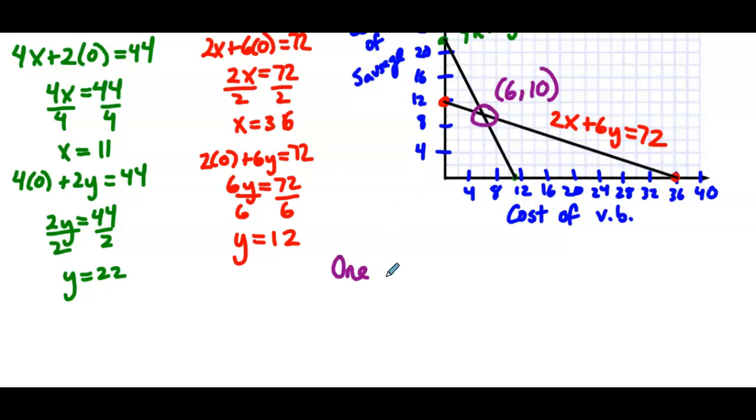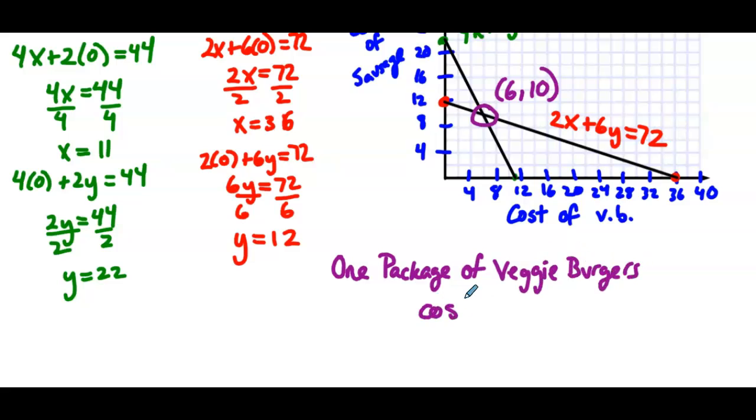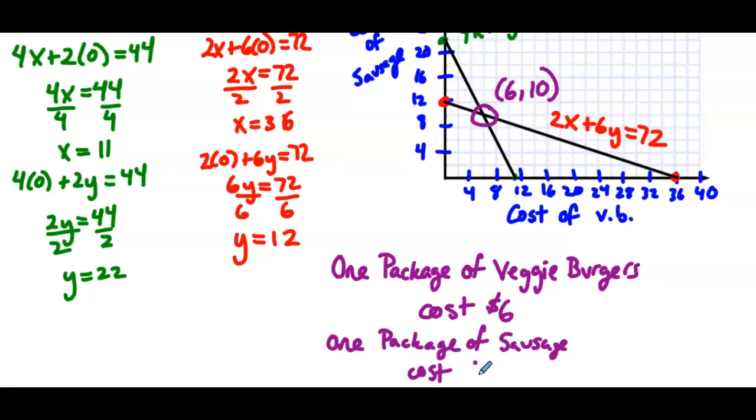So one package of veggie burgers costs $6, and one package of sausage costs $10. And there we have our solution.